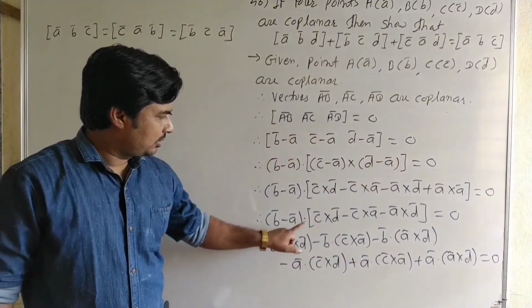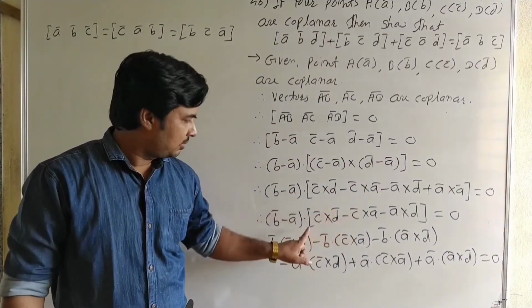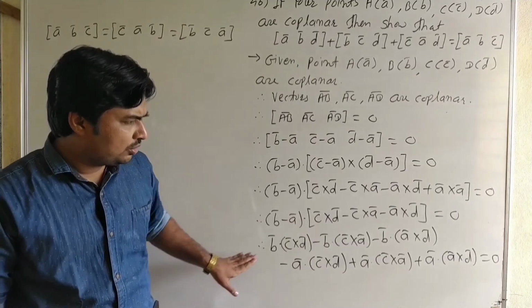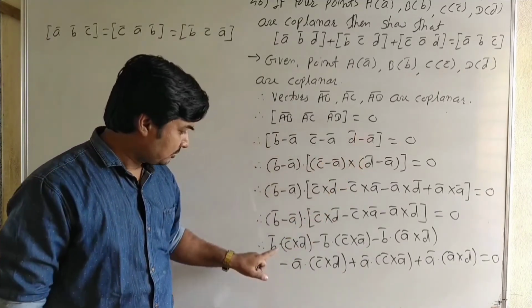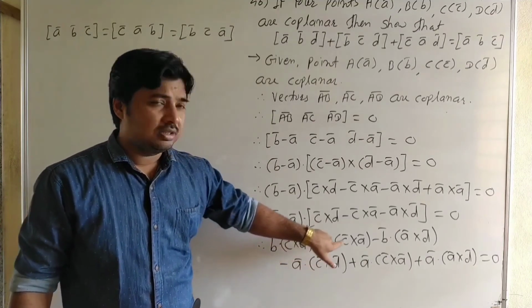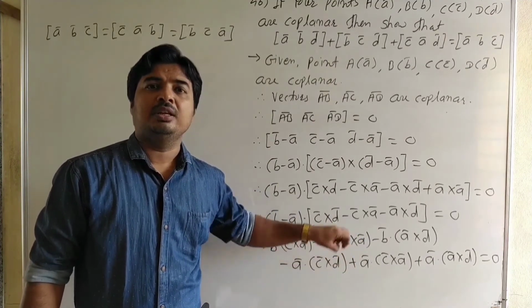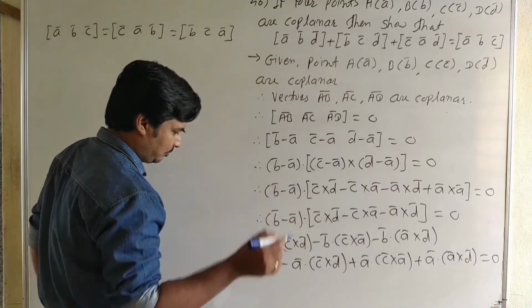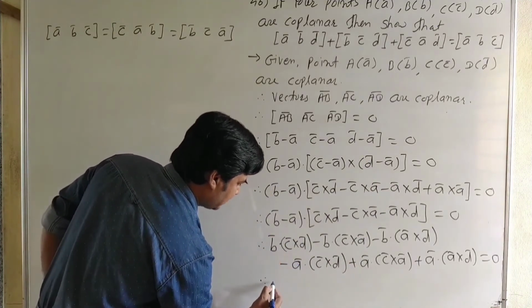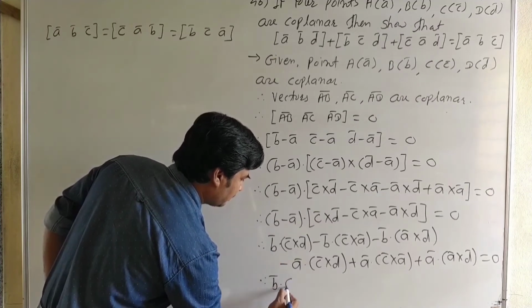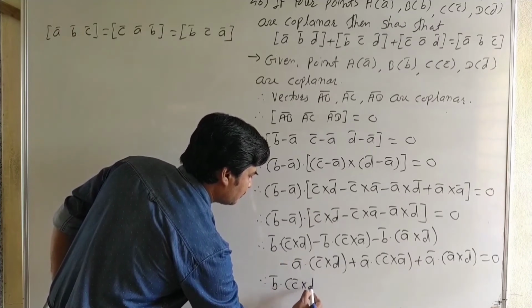Here take the multiplication with B bar and then A bar. Here multiplication is dot. Again here is the property of scalar triple product: if any two vectors in the scalar triple product are same, then the triple product is 0. Now it is BCD, as it is B bar dot C bar cross D bar.